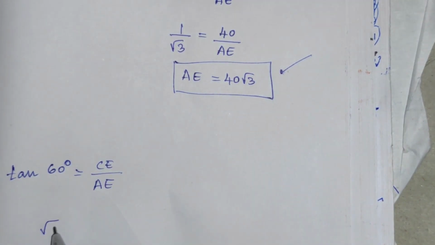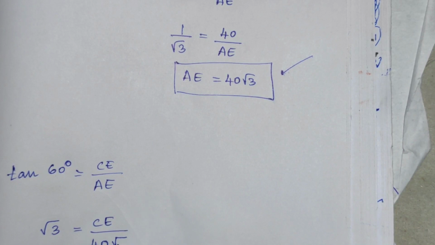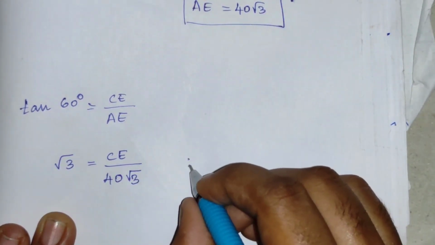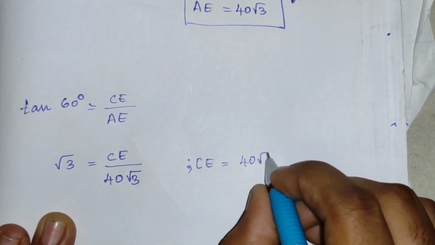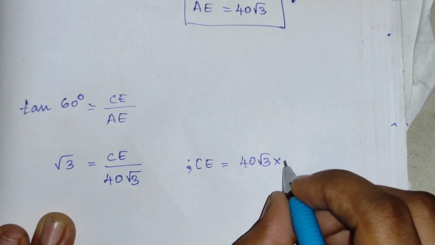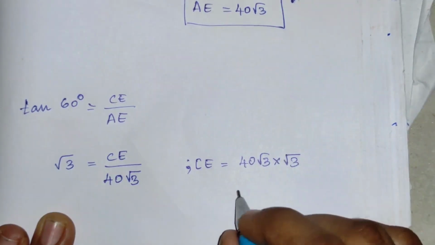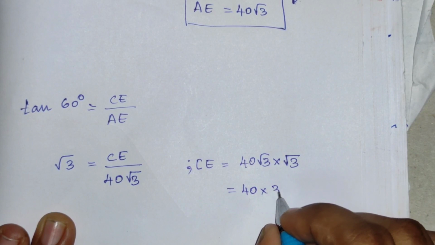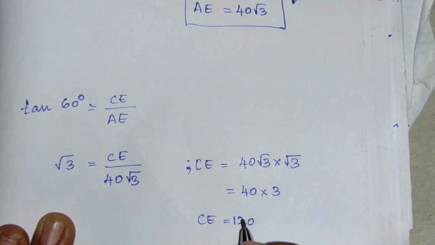Tan 60 is root 3, and the AE value is 40 root 3. So CE is equal to 40 root 3 into root 3. 40 root 3 into root 3 is 120, since root 3 times root 3 is 3. Therefore CE is equal to 120 meters.